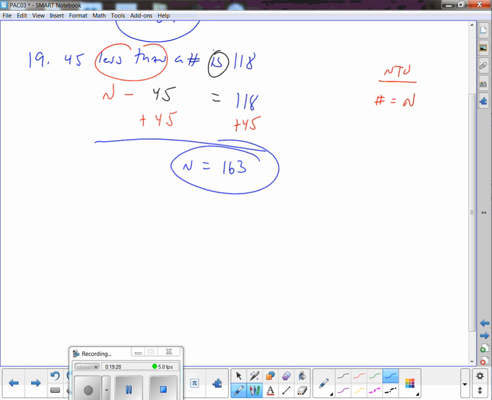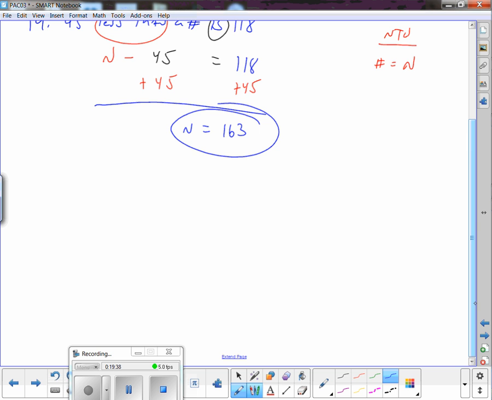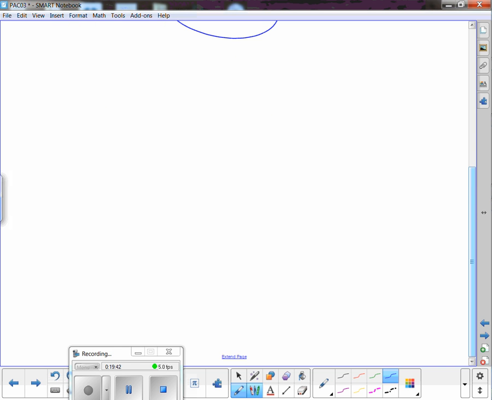Mara. All right, Mara was 12 years old 5 years ago. How old is she now? I don't want the answer, I want the equation, because that's harder. That's the whole point, to learn how to write an equation.